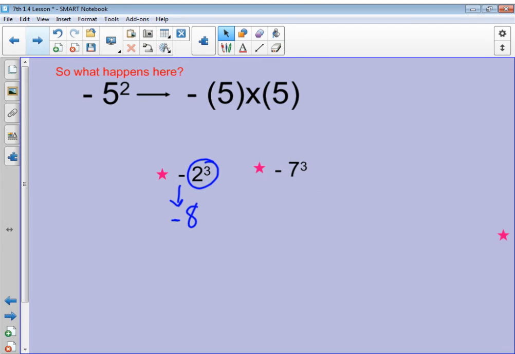And if you need to use your calculator for that 7 to the third power, that's okay. I'm not checking to see if you know all of those off the top of your head. For those of you that maybe don't have an exponent button, some of your calculators will have buttons on them that look like this. So you would punch on your calculator 7, and then this button here, and then 3.